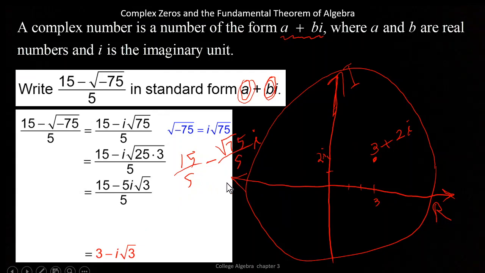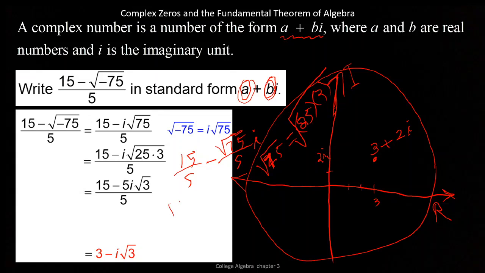Well, we can write the square root of 75 as the square root of 25 times 3. And then 5 comes out, so that's 5 square root of 3.